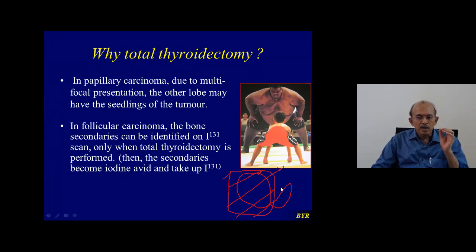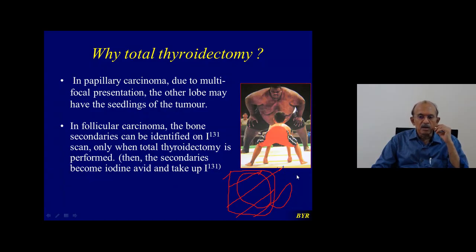So when the thyroid gland is there, it will take up all the iodine, and it is not made available for the small secondaries. So the secondaries cannot be detected. It is just like a fight between this sumo and this boy. The secondaries are like this and the thyroid is like this.